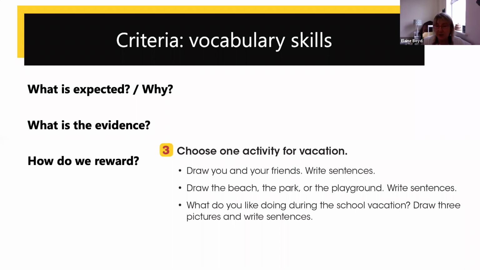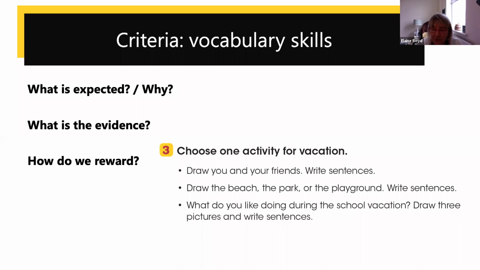So if we look at a tiny little example here, now this is from the lowest level of Look. So obviously they're babies, they're not going to be doing much writing here, but you can see that last activity, ask them, what do you like doing during the school vacation? Draw 3 pictures and write sentences. And so rather than worrying too much about the accuracy of their writing, we could focus on their communication.